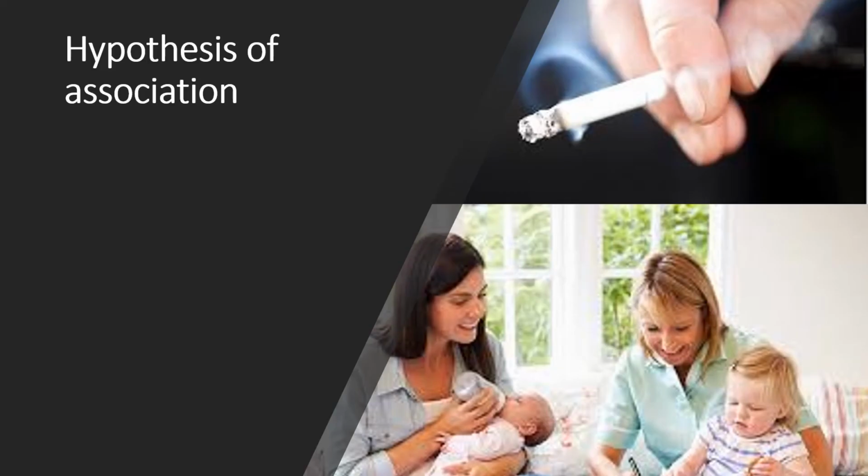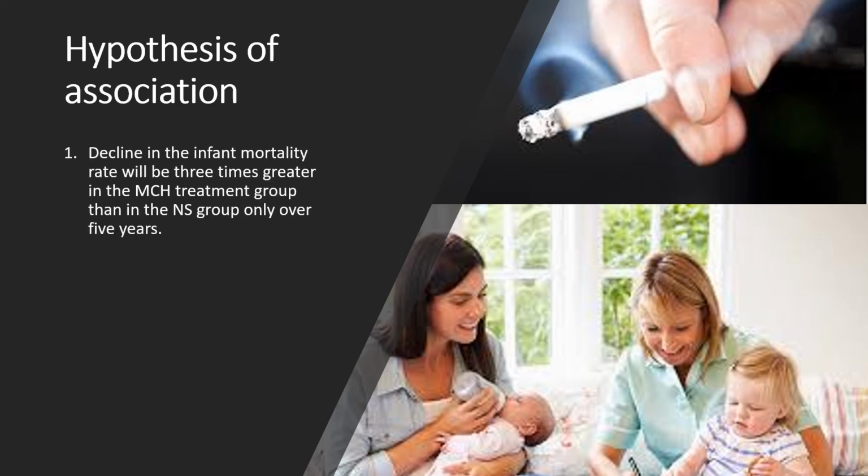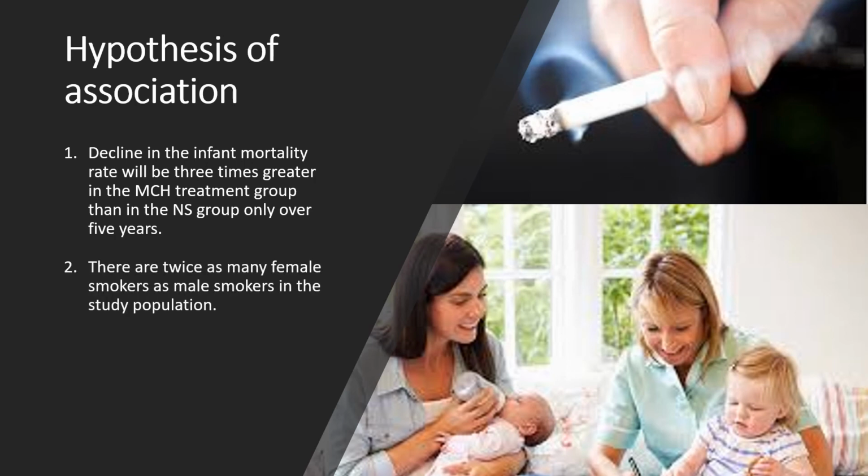Finally, the fourth type of hypothesis is called the hypothesis of association. Now, the fourth hypothesis in both sets of examples speculates a relationship, either between the impact of different combinations of MCH and NS programs on the dependent variable of infant mortality, or the relationship between the prevalence of a phenomenon such as smoking among different populations, that is male and female.